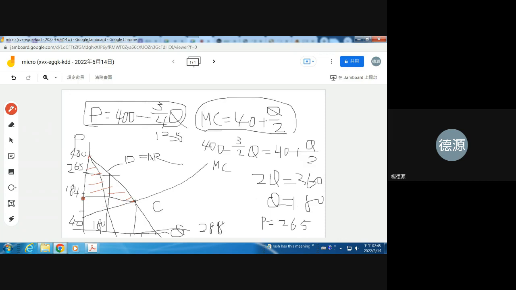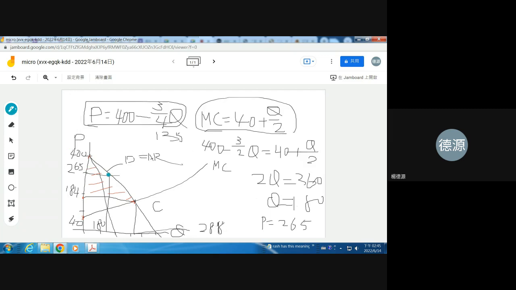So 184 and 40, and then here the quantity is 288. So the upper triangle is the consumer surplus under perfect competition, and this lower triangle is the producer surplus under perfect competition. And now let's get to monopoly. Let me use this.